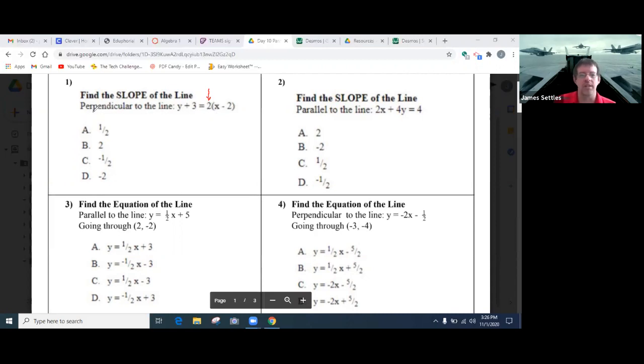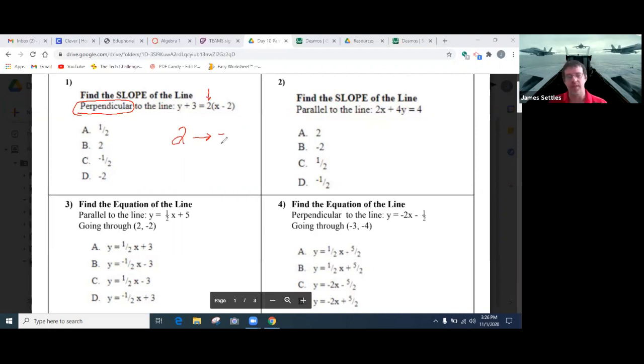Now they want us to find the perpendicular slope. And all we're looking for here is the slope because there's no y equals here. So if the slope is 2, then there's two things we have to do in order to get the perpendicular. One, we got to change the sign. So if this is a positive, then that's going to be a negative.